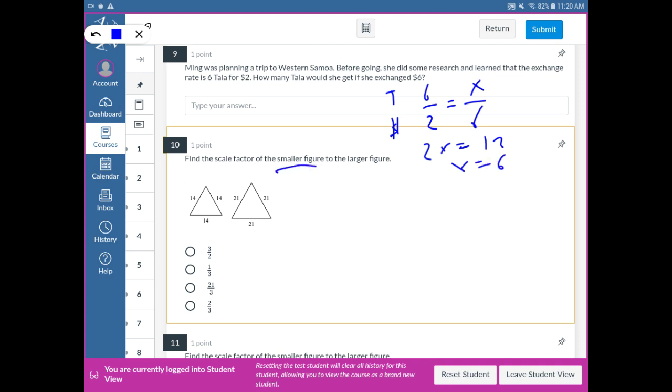Smaller one is 14, larger one is 21. So 14 over 21 is 2 over 3.